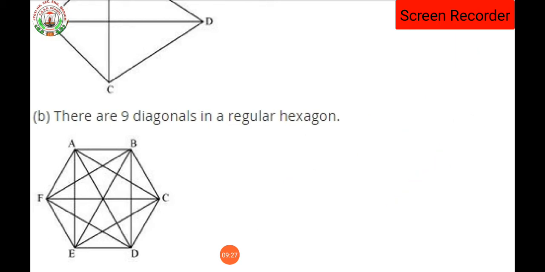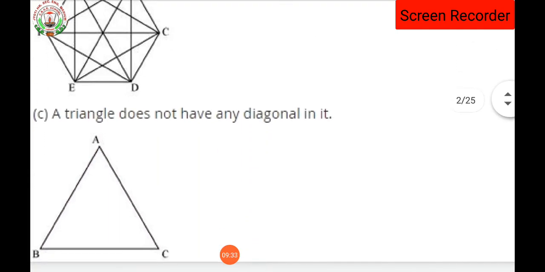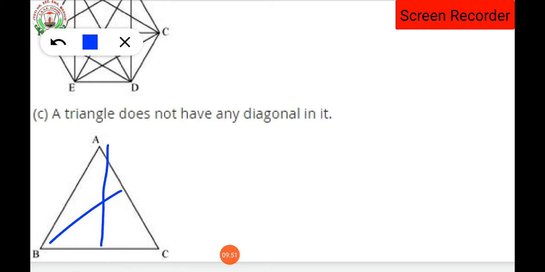Clear? Next, C part of the question is a triangle. A triangle does not have any diagonals. You can draw and look at any triangle. A vertex is joined to the midpoint of the opposite side. We call it a median or altitude, like this, isn't it?